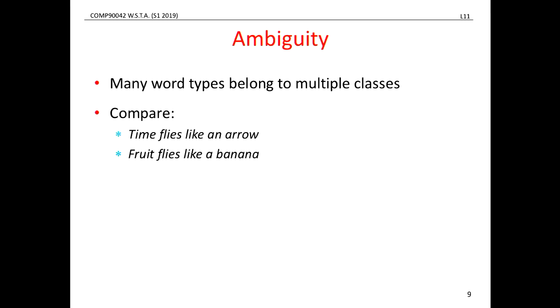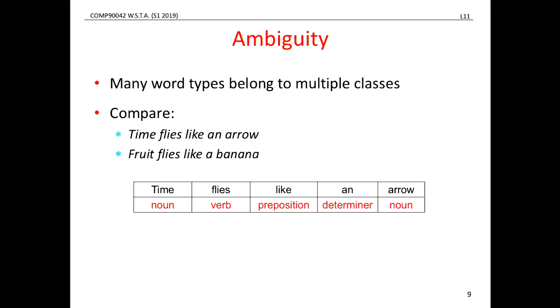So here are two classic examples: "Time flies like an arrow" and "Fruit flies like a banana". These sentences have been chosen to be a bit silly, and to mirror one another, so you could process them the same way. You could treat them as being the same sequence. But in actual fact, when you think about their actual meaning, they're quite different.